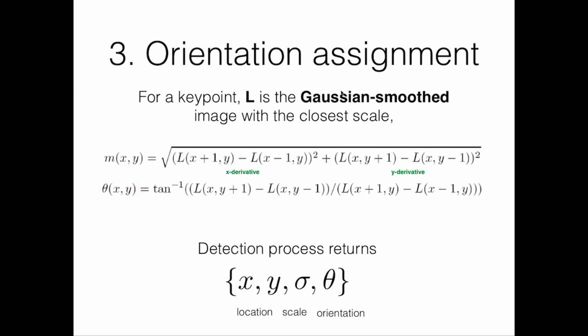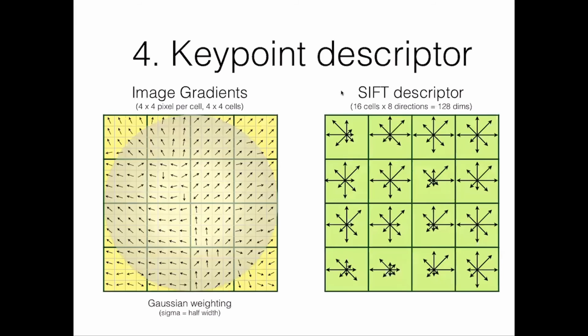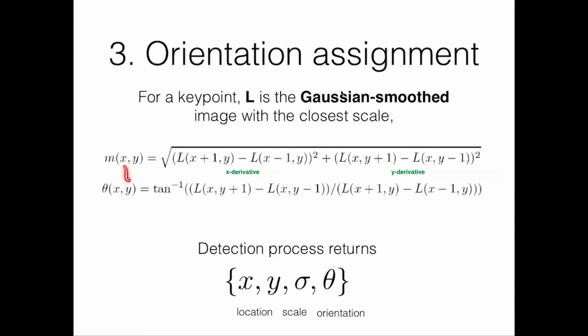For the angle, we use the inverse of the tangent of the ratio between the derivative with respect to x and the derivative with respect to y. So here you have the magnitude of the gradient, and here you have the angle. Given the angle, we can then define a window inside our image. In the window, for each point, we compute the orientation. So you have different orientations for all the points in that particular window. Those angles are obtained by the inverse tangent of the division of the derivative with respect to x and the derivative with respect to y.